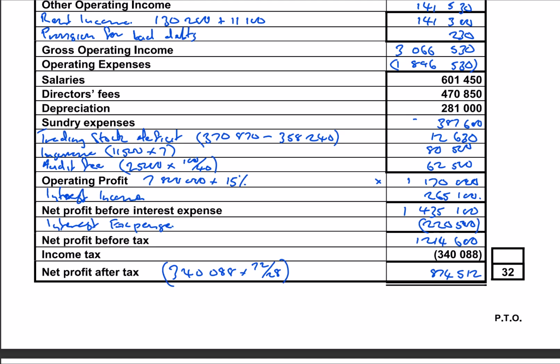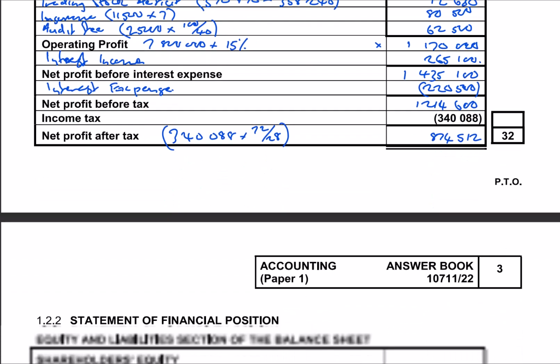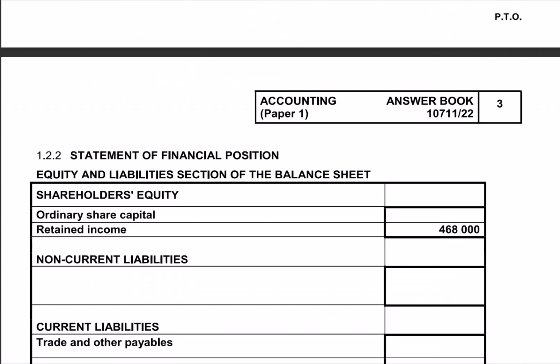Then moving on to the second part of the question. We need to calculate the equity and liability side of the balance sheet or statement of financial position. So for ordinary share capital, we need to calculate shareholders' equity first. As I said earlier, this will be inserted in one of our answers, because that's the closing balance of retained income.